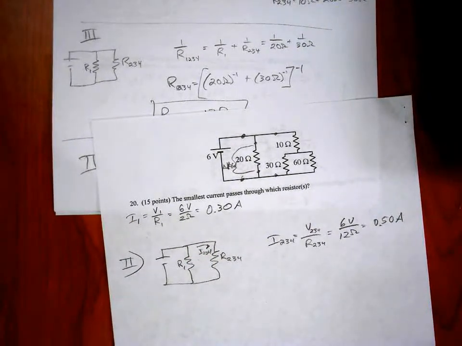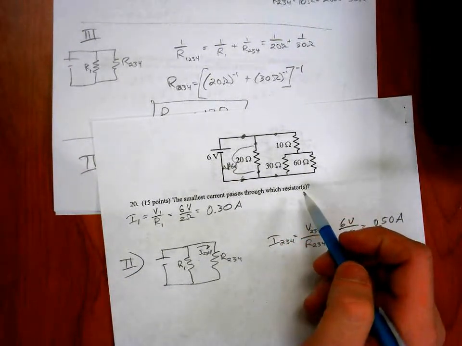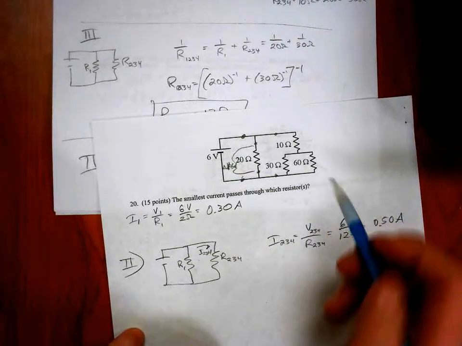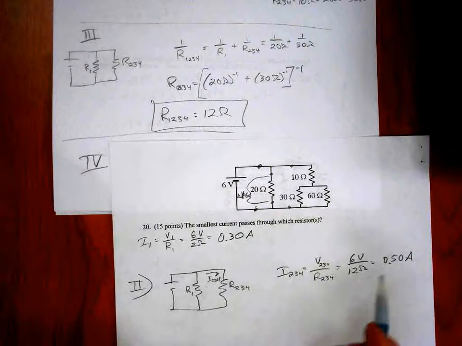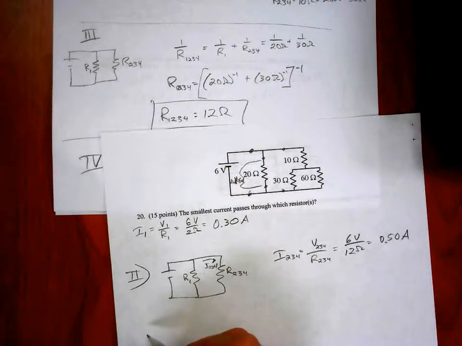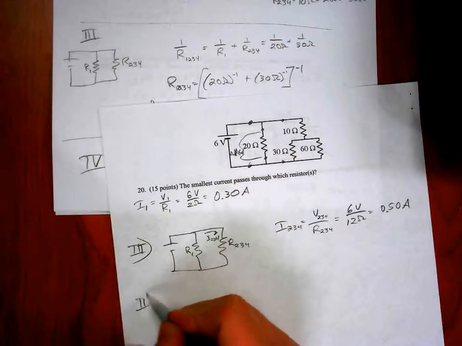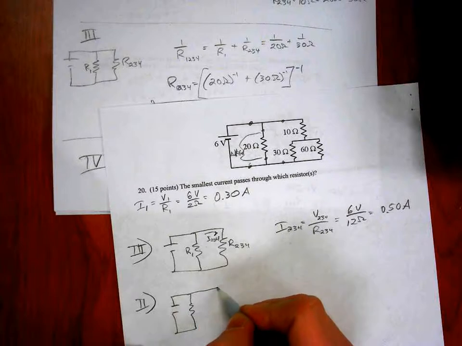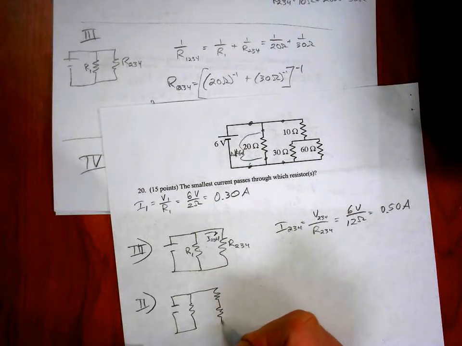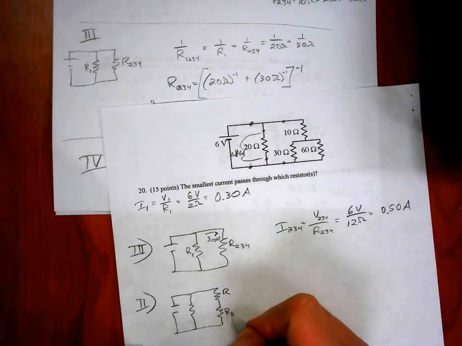Okay, so now we've got our work cut out for us because we've got to figure out which one of these three resistors has the lowest current. Okay, so then we need to just go back to, oh, I'm sorry, this was 3 here. We need to go back to 2. Where this is R2, this is R34.